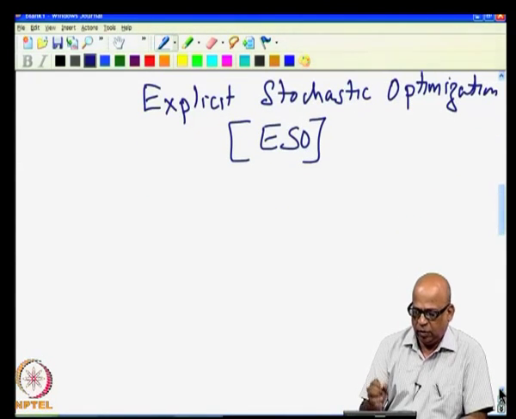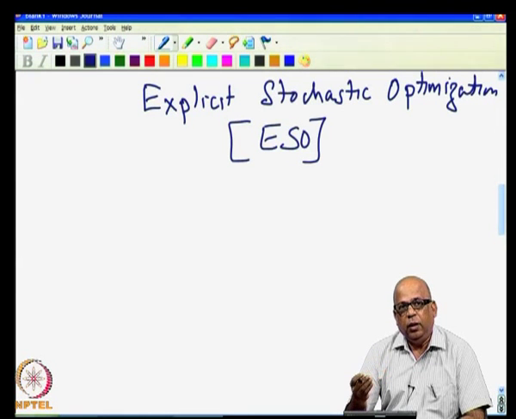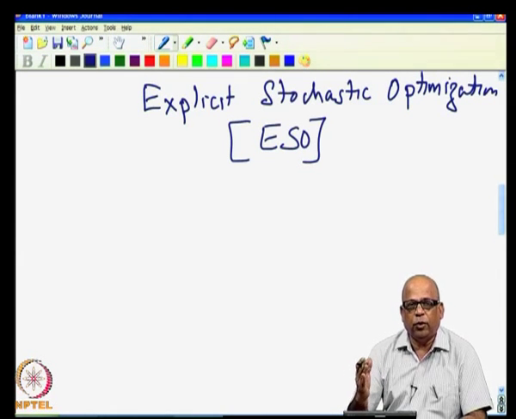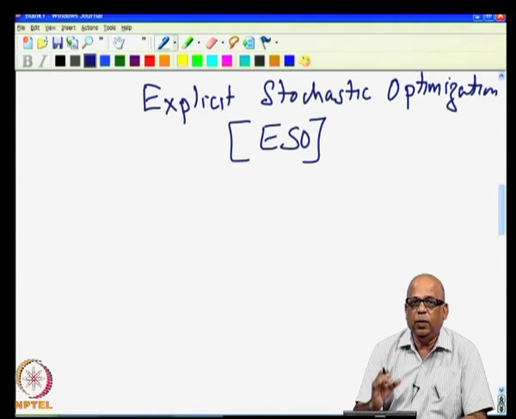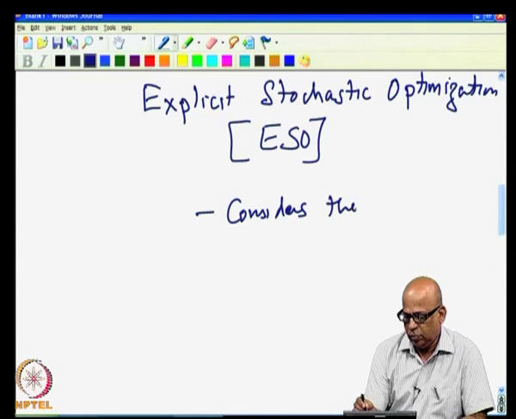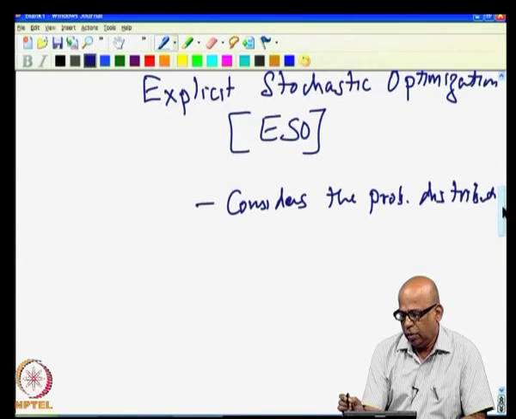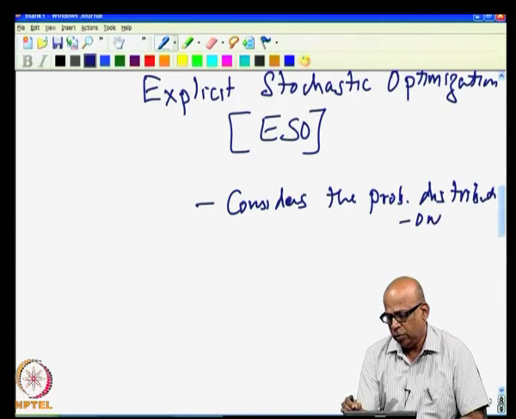Now, in explicit stochastic optimization, the optimization model itself has the probability distributions, the probability information or the uncertainty information associated with the input variables built into it. So, the explicit stochastic optimization considers the probability distributions explicitly. I will define what all these things are presently.